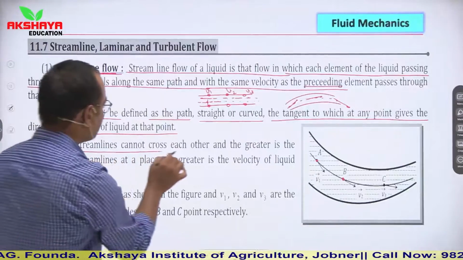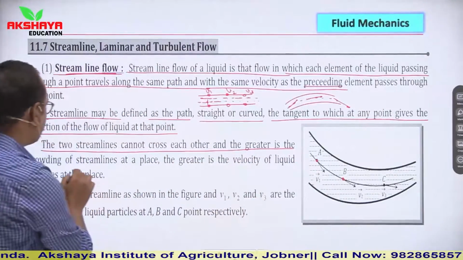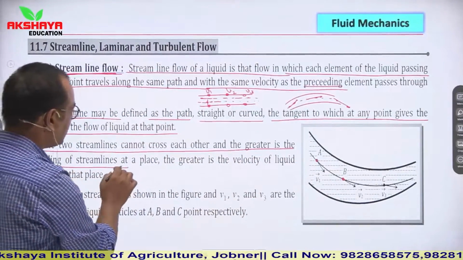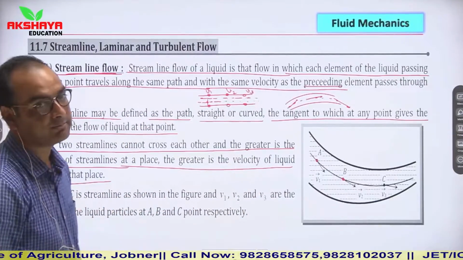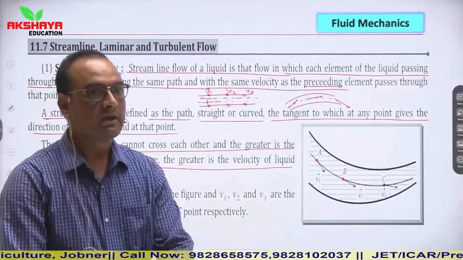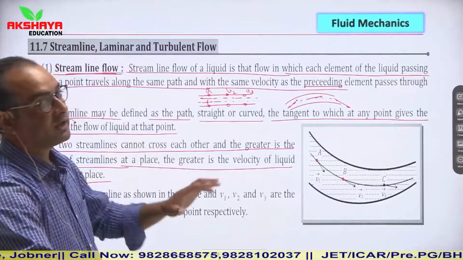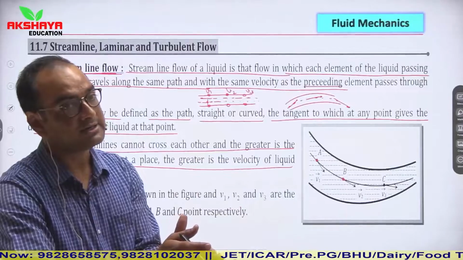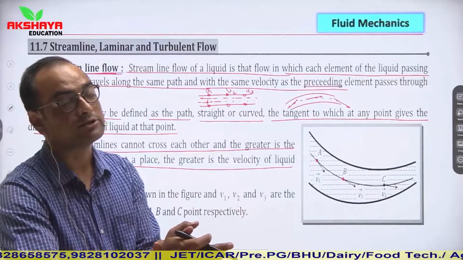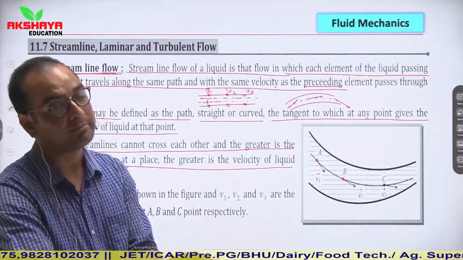The two streamlines cannot cross each other, and the greater the crowding of streamlines at a place, the greater is the velocity of liquid particles at that place. So what we are considering is that at any point, if there are a large number of streamlines, then it means there is large density. Large density represents that the velocity of fluid is high at that place.